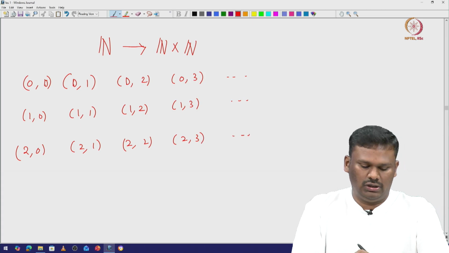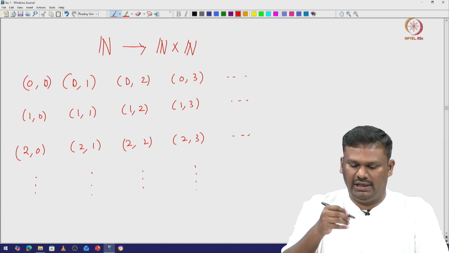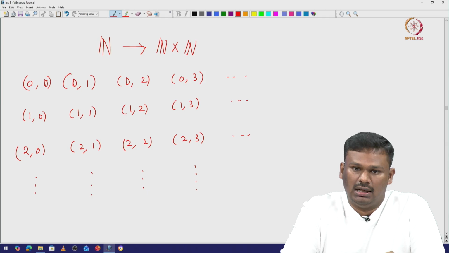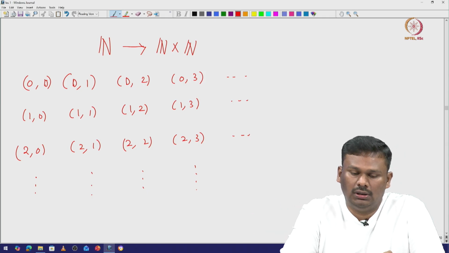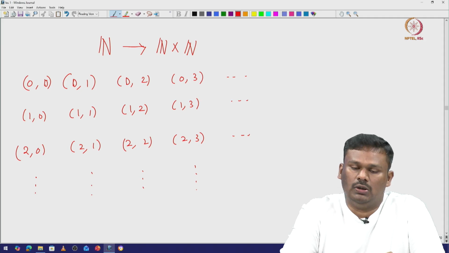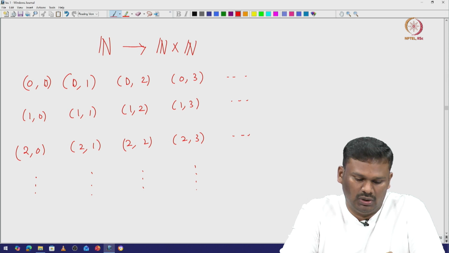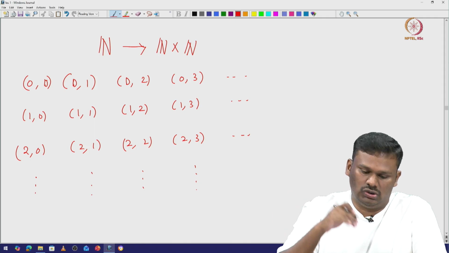What I am trying to do here is list all the elements of N cross N as arrays. In the first row, I take all the elements that have the first component 0, so (0,0), (0,1) and so on. Similarly, (1,0), (1,1), (1,2) lie in the second row and so on.